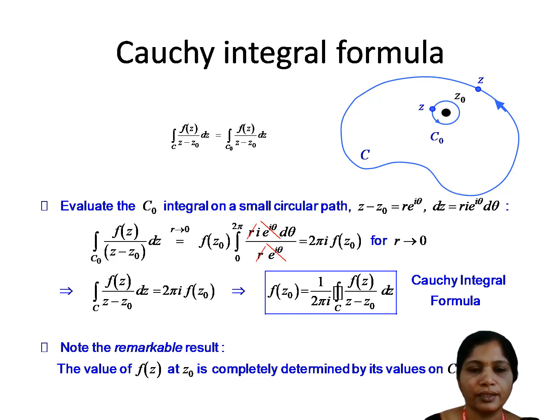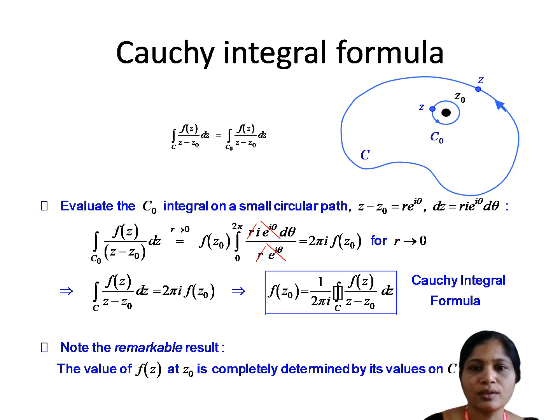Substitute the values in the small circle integral, that is the integral over C₀ of f(z) by (z minus z₀) dz. Here the z value is z₀ plus R e^(iθ).